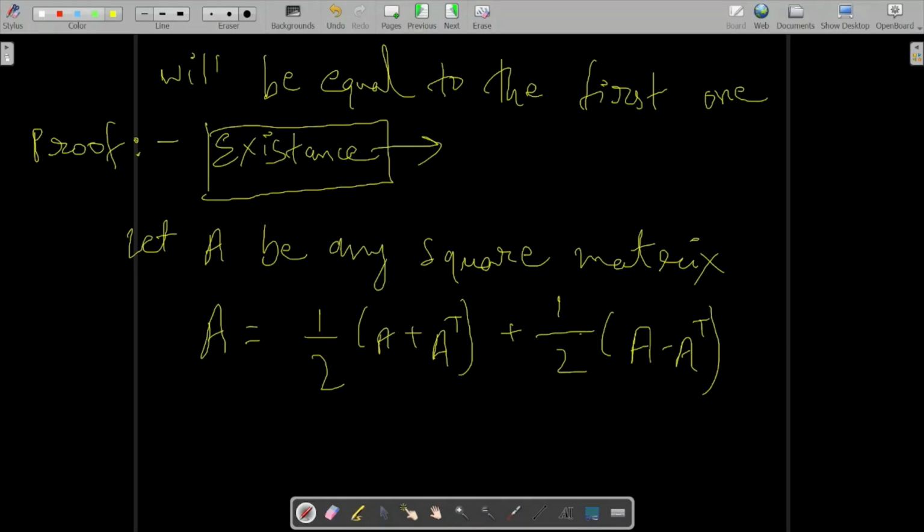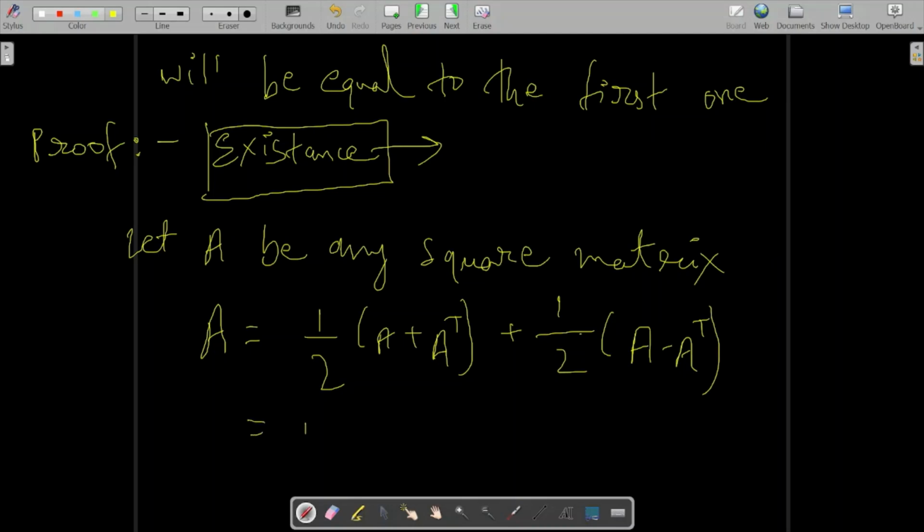This is a very obvious fact, because this half A and this half A will become complete A, and half A transpose and minus half A transpose will cancel out. So this is quite an obvious representation.